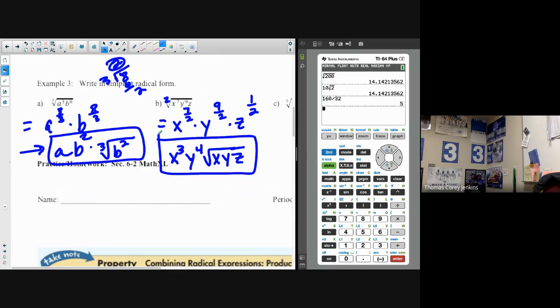Because we took an even root and we ended up with an odd power. So what prevented me from needing to put the absolute value bars here? That's the question. I know that even, odd rule can be tricky. All right, so moving on.